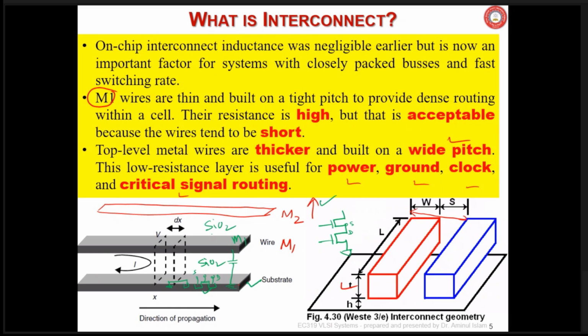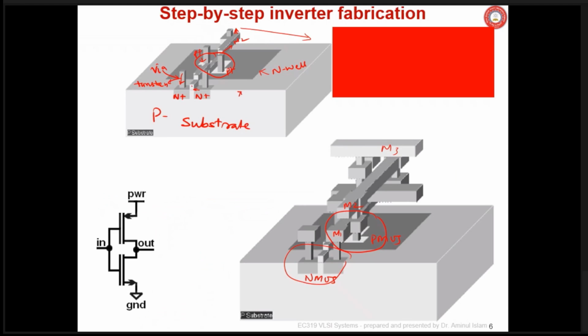So multiple metal lines are used, and hence you can see here that this is an N plus region, possibly for an N MOSFET in a P-type substrate. And here is via 1, you can say the bottom via, and one metal line is going there. This metal line is the bottommost one, mostly aluminum, maybe also tungsten.